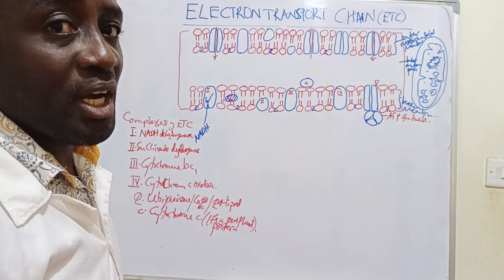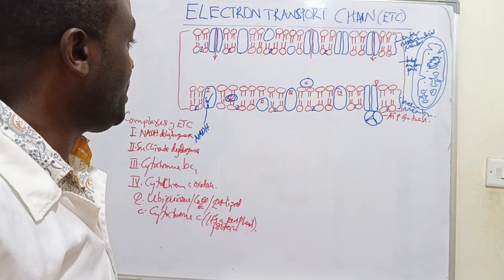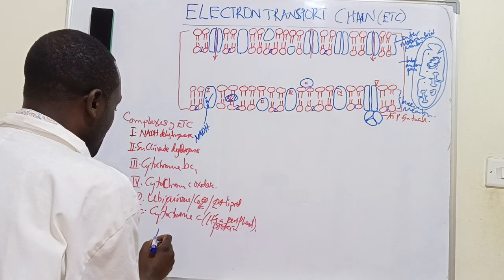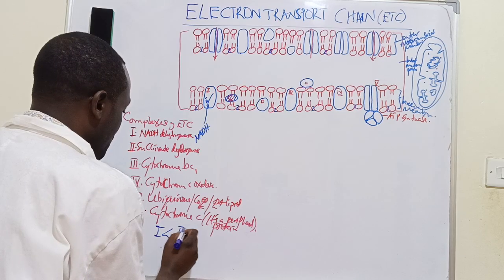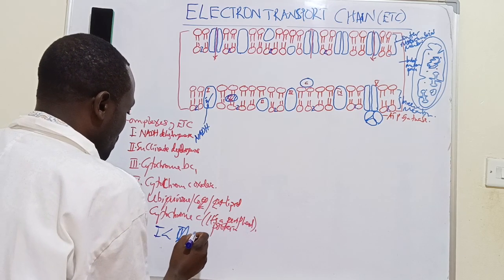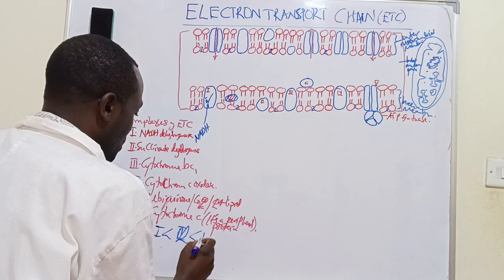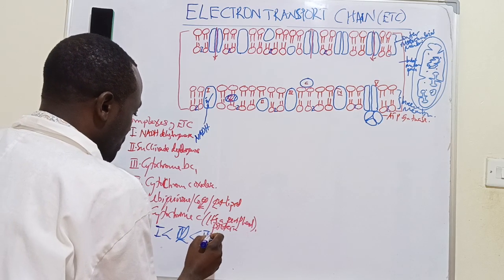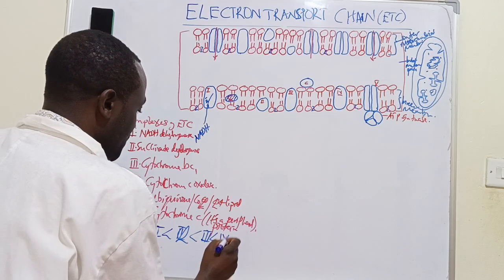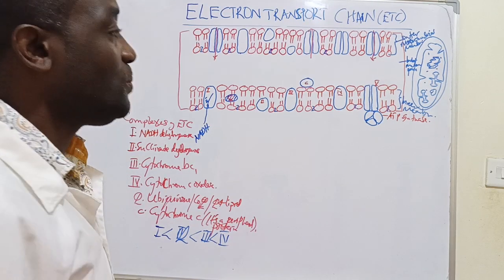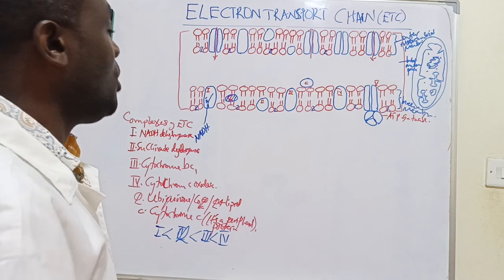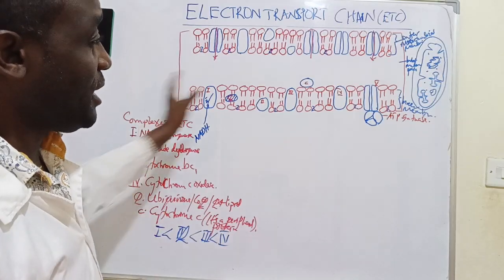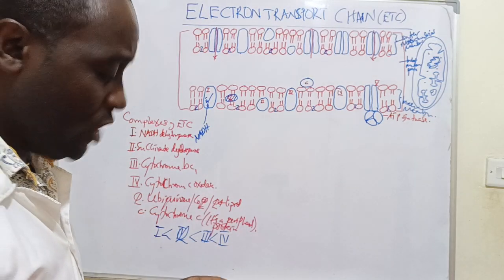Complex 2 has a lower electron affinity than complex 3, which is of course lower than complex 4. So as you go the other way, electron affinity keeps on increasing.